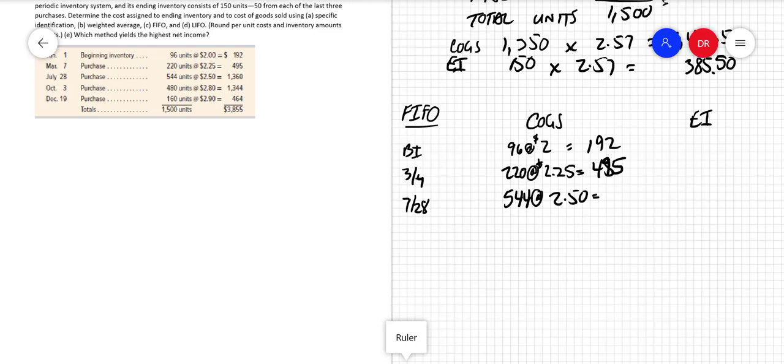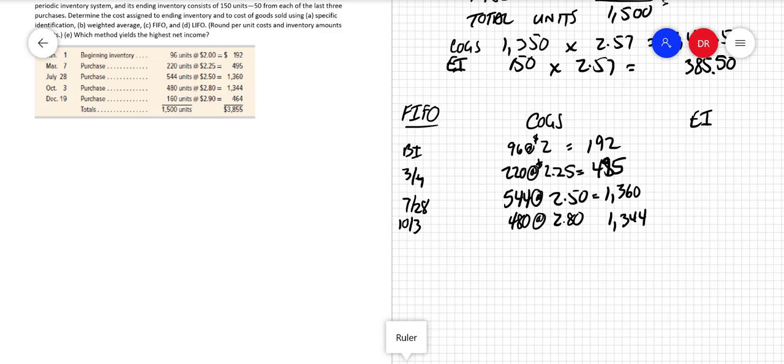That gives us $1,360. All right. And then on October 3rd, we have all those purchases of 480 units at $2.80, or $1,344 going into cost of goods sold.